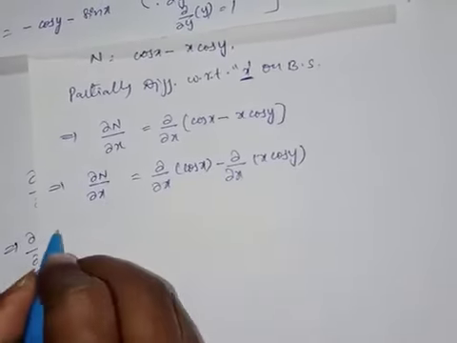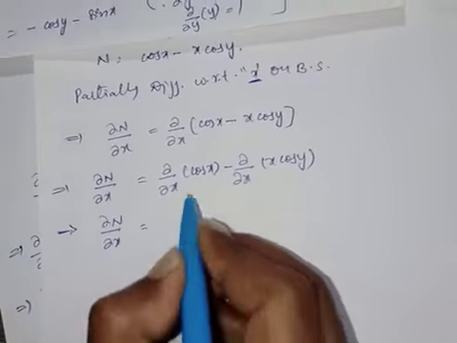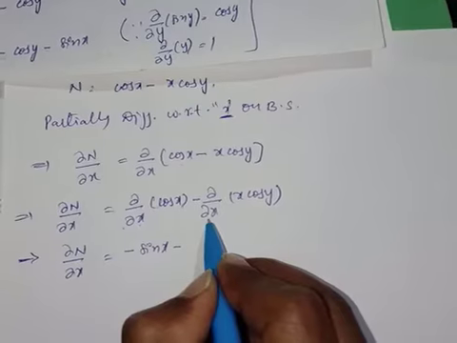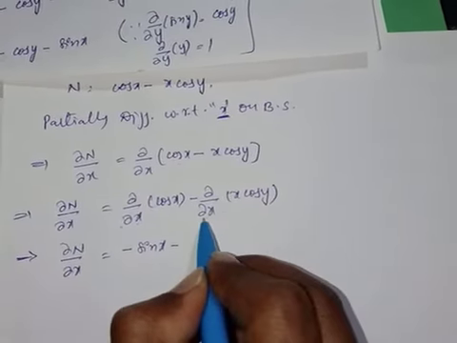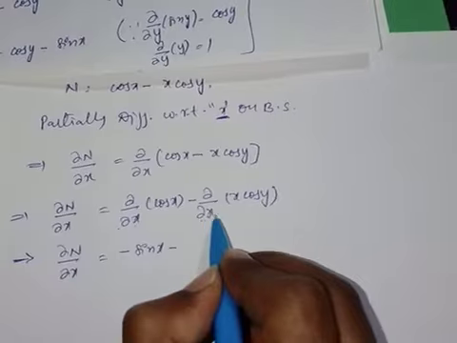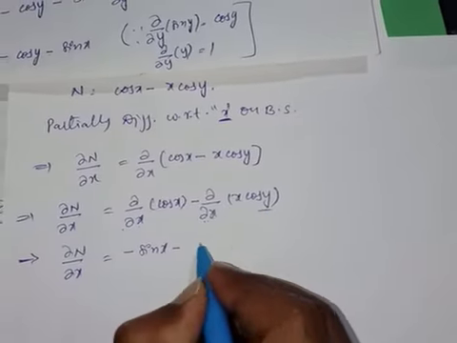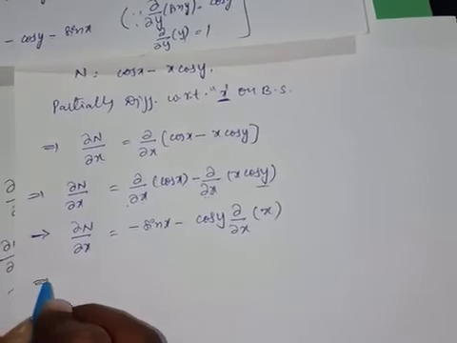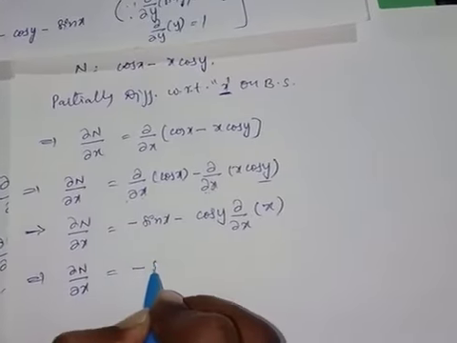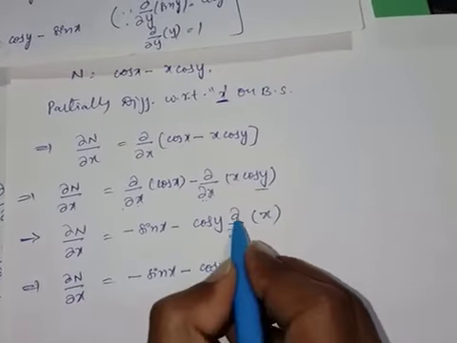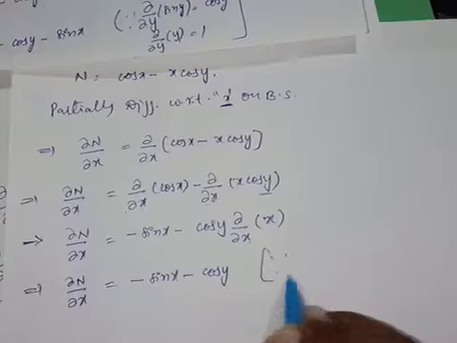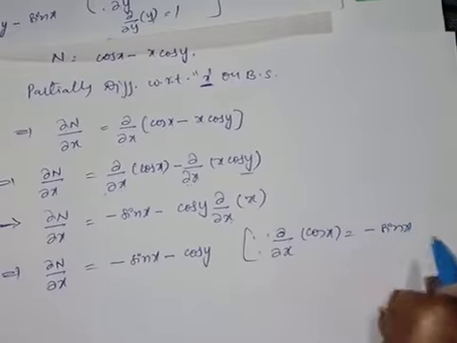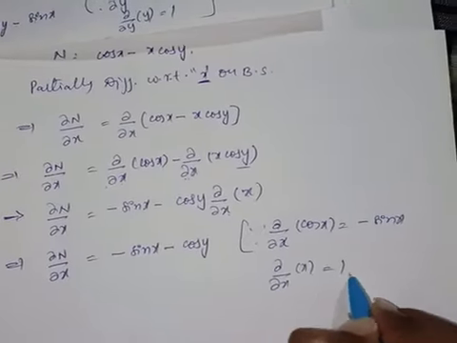So ∂N/∂x is equal to −sin x − cos y, since ∂/∂x of cos x is −sin x and ∂/∂x of x is 1.